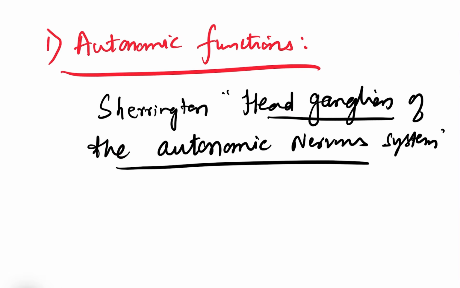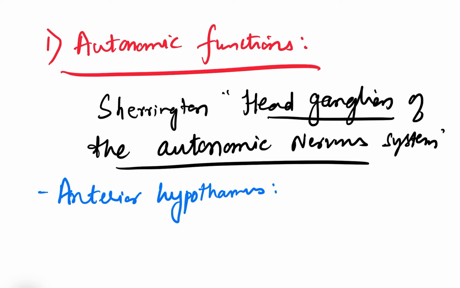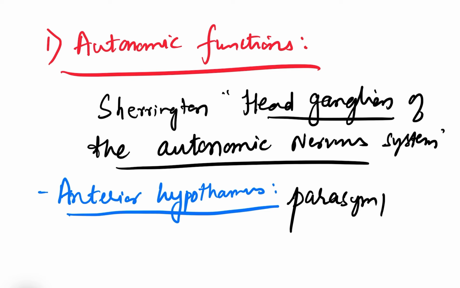The anterior hypothalamic nuclei are concerned with parasympathetic system stimulation. Whenever we stimulate the anterior hypothalamic nuclei, the parasympathetic division of the autonomic nervous system is activated. How? We will discuss now. It is also called the parasympathetic area.